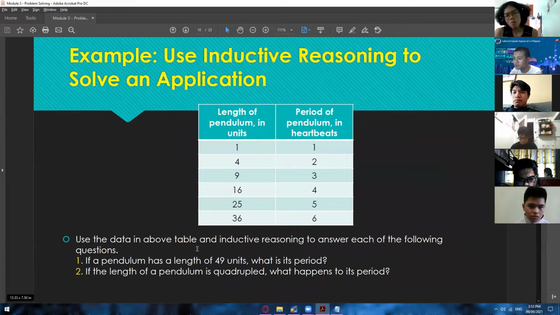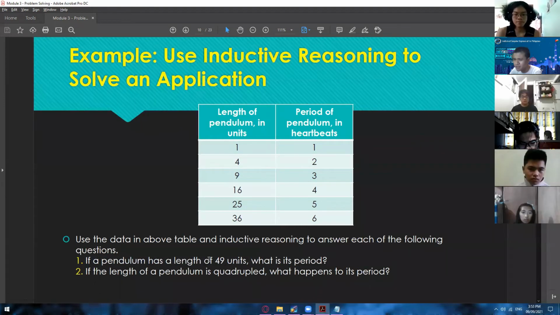So let's answer the questions. If a pendulum has a length of 49 units, what is its period? The answer is 7. If the length of a pendulum is quadrupled, let's answer number 2, what happens to its period? Sir, it is doubled. What about the others?